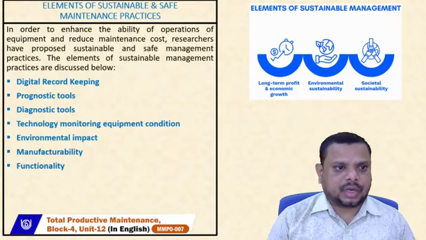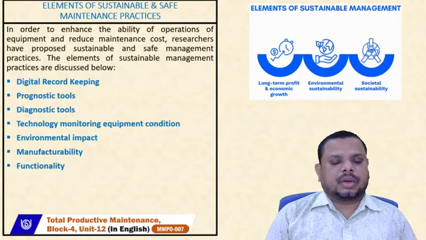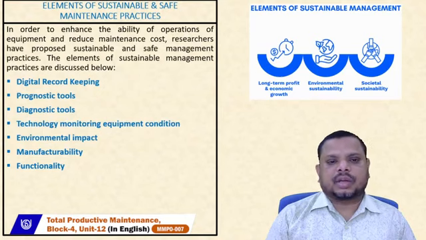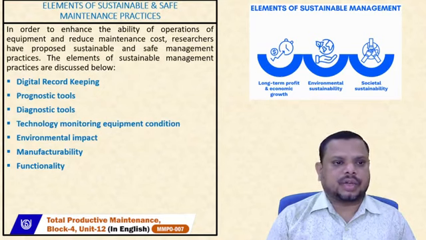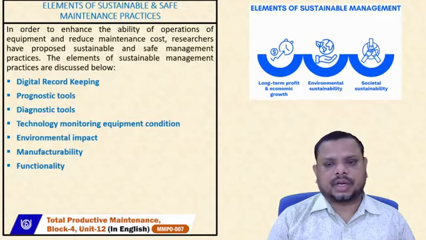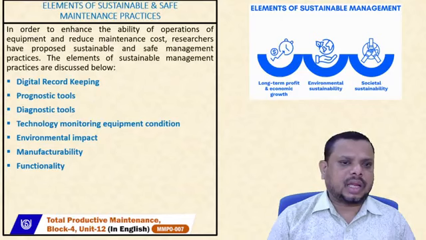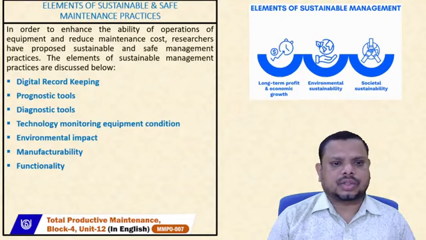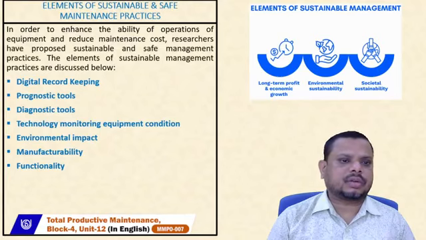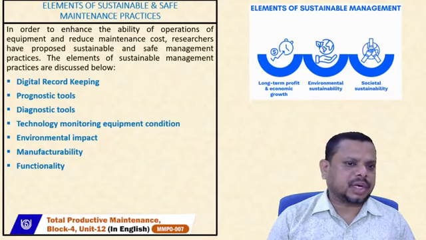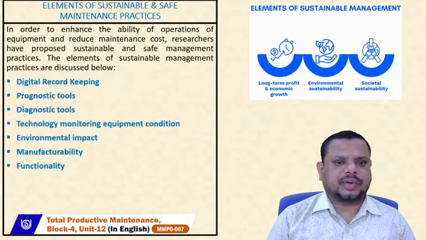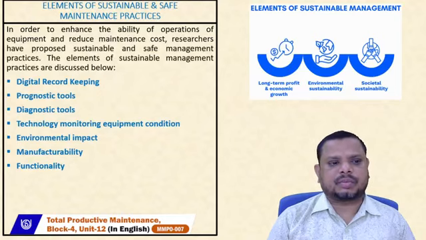Under this practice, we are focused upon enhancing the operability of equipment and reducing maintenance cost. This is the most important objective of maintenance practices. Researchers have proposed sustainable and safe management practices, which were recently introduced in maintenance management. So, what are the different aspects of sustainable management practices?